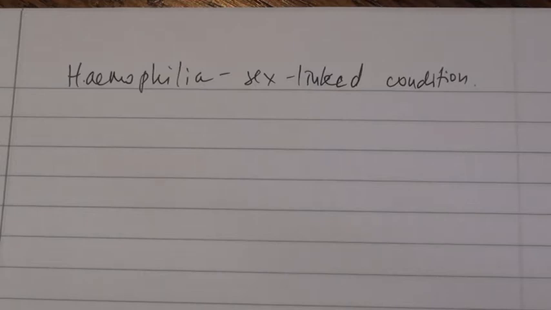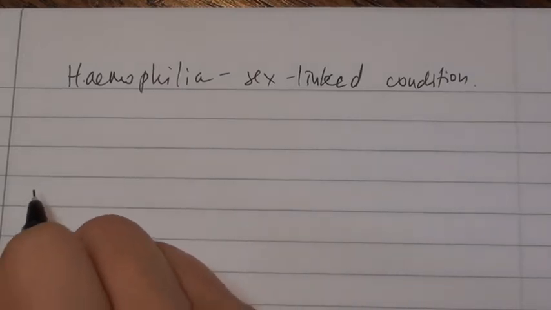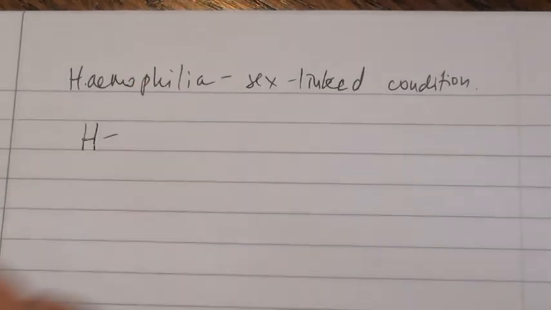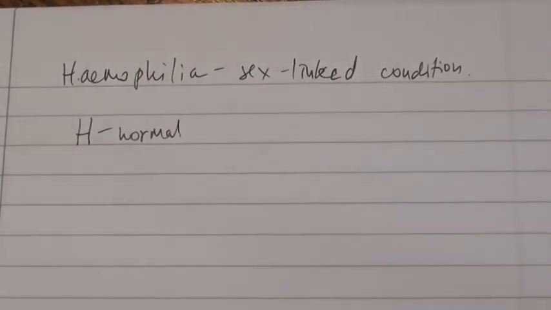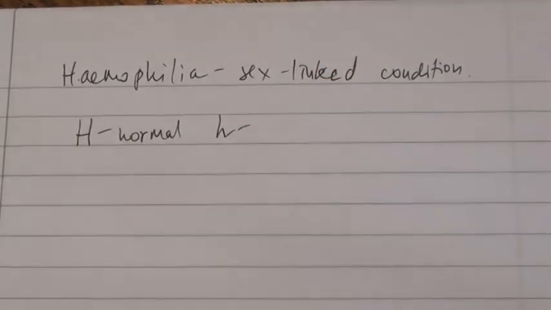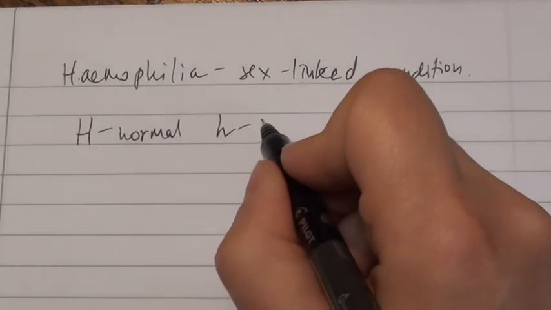As far as genetic crosses are concerned, we're going to use a couple of letters. We're going to use capital H for the normal gene, and little h for the faulty, mutated gene which causes hemophilia.